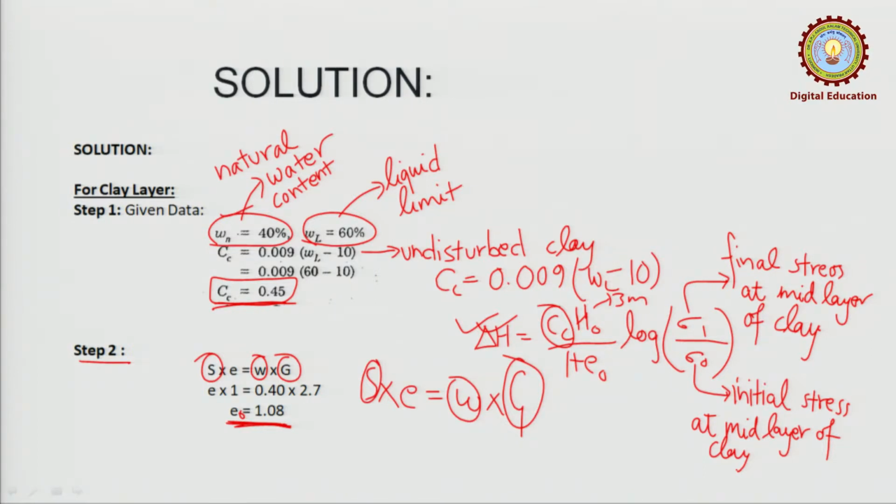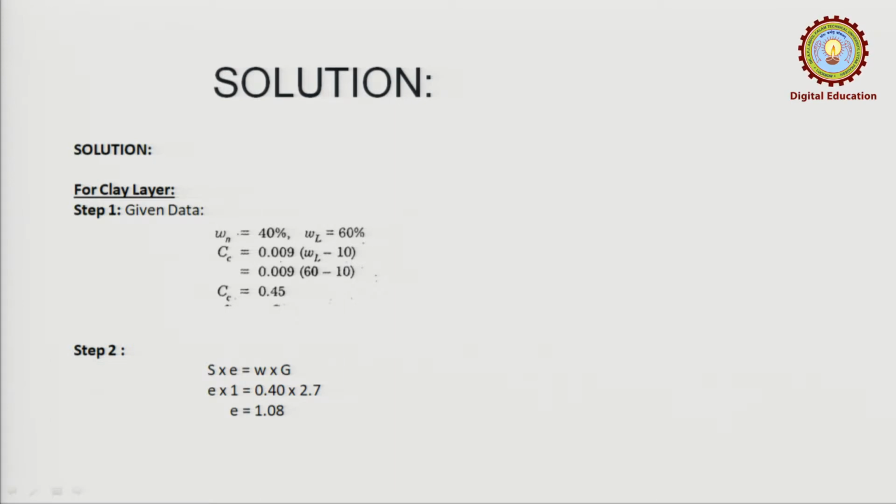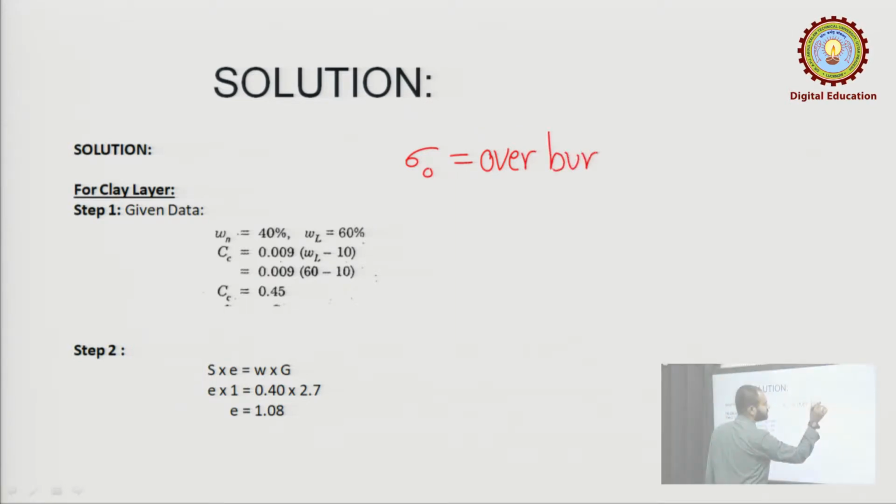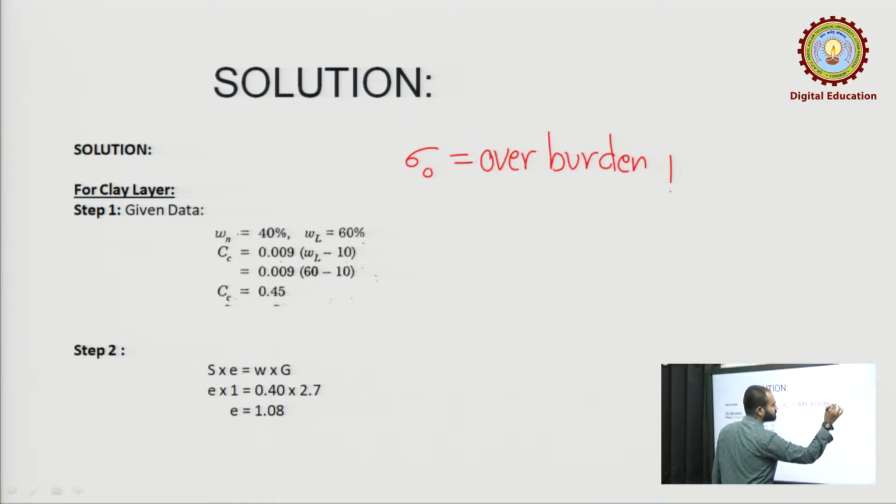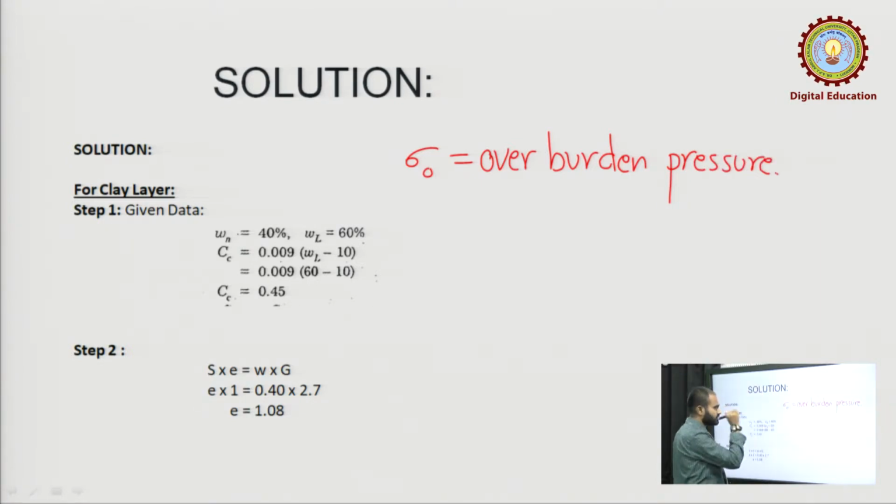Now, how we will calculate these two parts? Actually, let me first erase all this. Initial, that was sigma naught, will be equal to the overburden pressure only. Okay. So, just we will be calculating the overburden pressure for the sigma naught, and what will be the sigma 1?